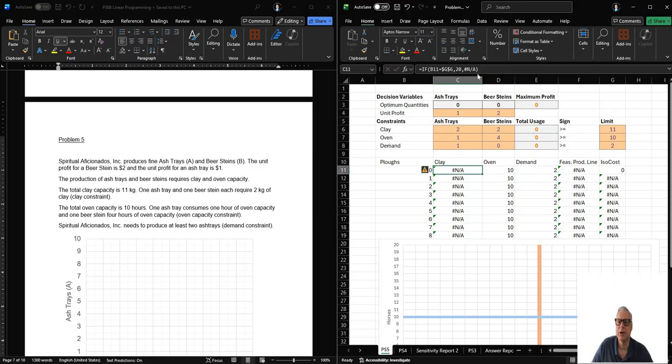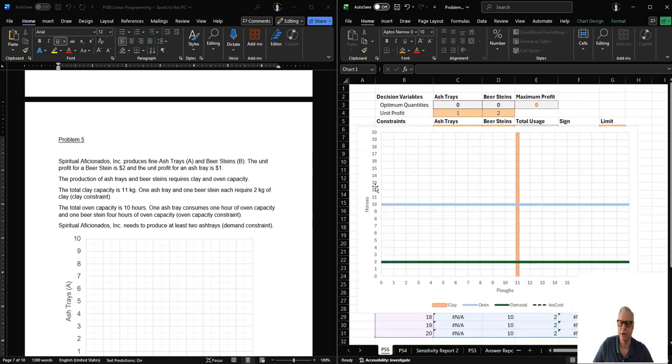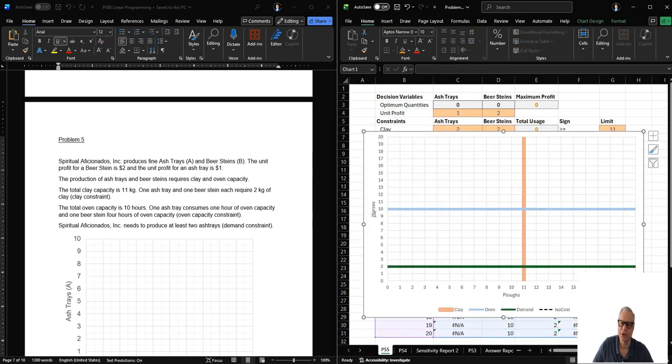Okay, so the clay constraint is equal to, and by now we already know the formula. So yeah, let's also change before we continue with the formulas. Let's also change quickly the axes. So here we have the ashtrays, and on the x-axis we have the beer steins.